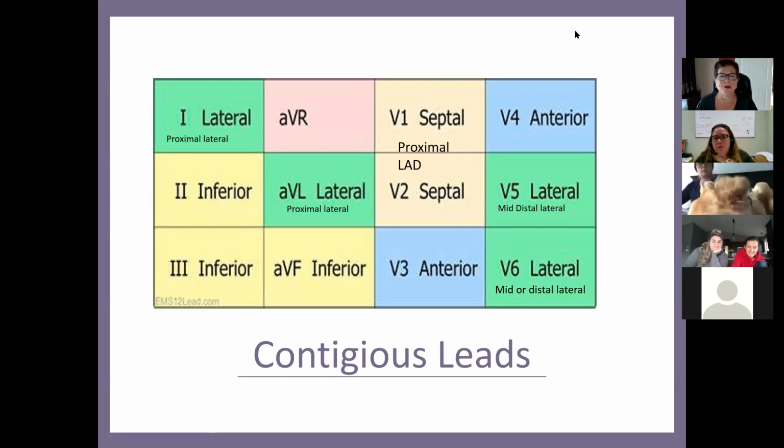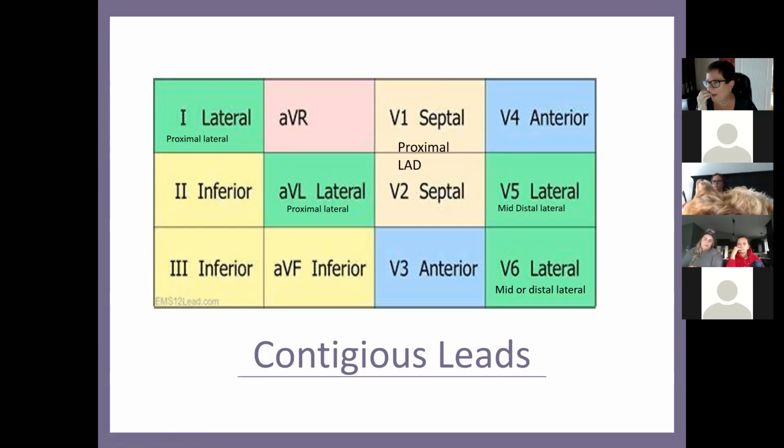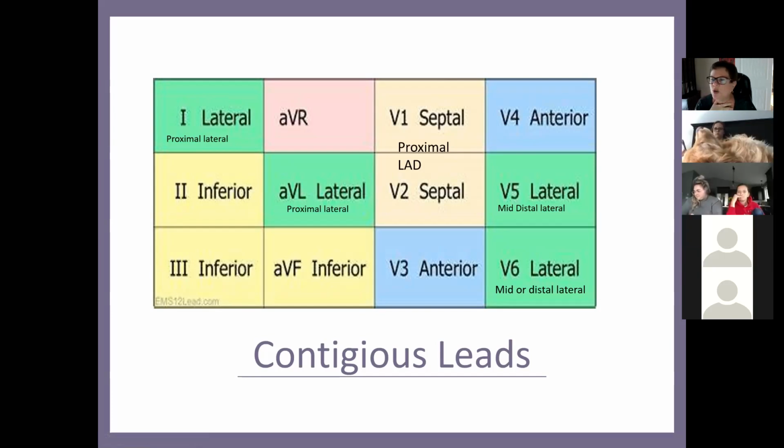Yay. Perfect. RCA. So if I come in and I have inferior elevation in 2 or more contiguous leads, that tells me I'm having a STEMI. It's in my inferior leads. So 85% of the time, it's going to be my RCA that is the culprit.